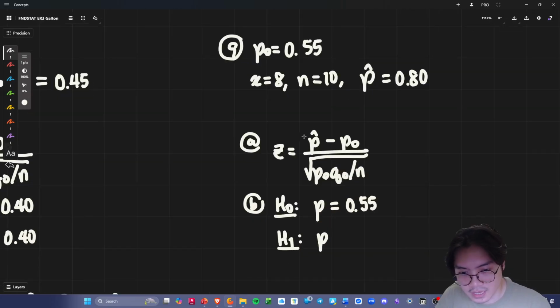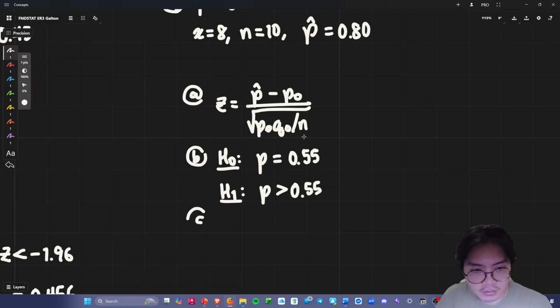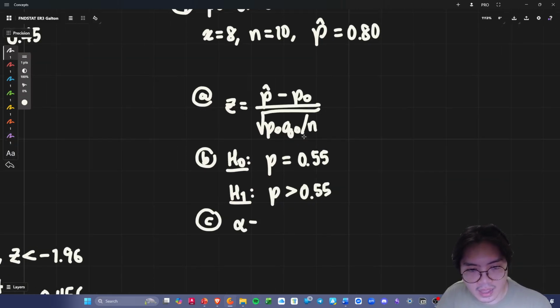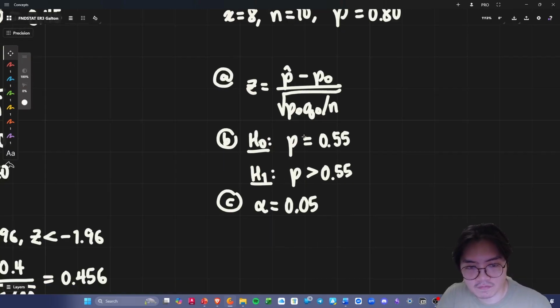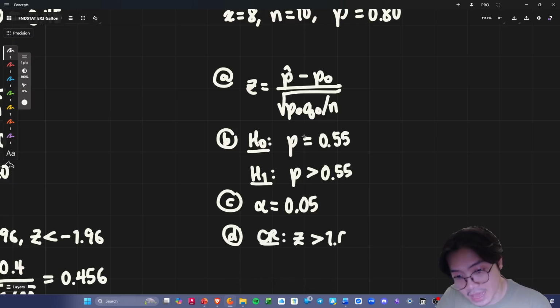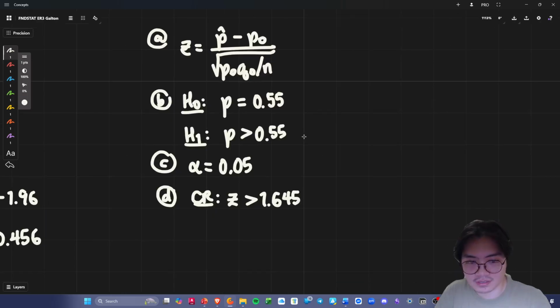We're now testing if it is bigger than 0.55. Our level of significance is 5%. Therefore, letter D, our critical region should be such that Z is bigger than 1.645. This is the same thing that we've done in number 1, if you guys remember.